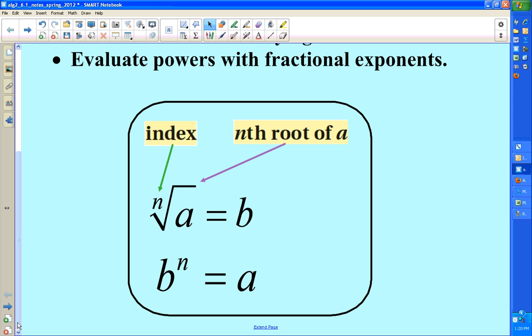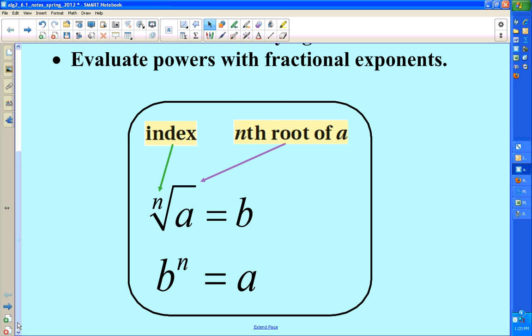When you see a radical like this, the nth root of a, n is in this little v, you need to make sure that you get it inside the v if it's an index. So the number that goes inside this little v here is an index, and then this is the radical symbol. So we have the nth root of a.